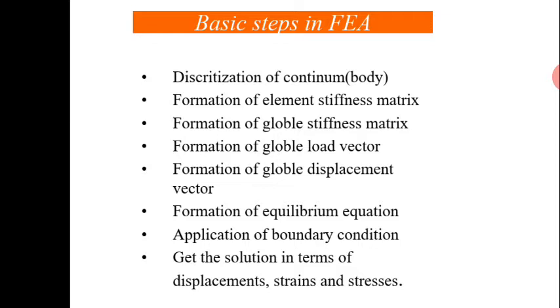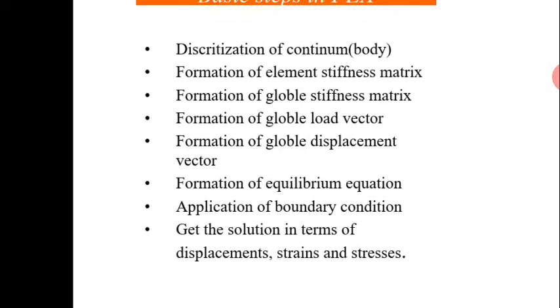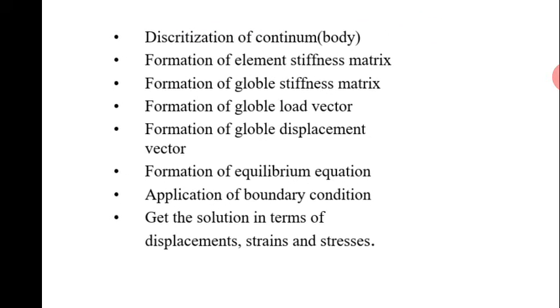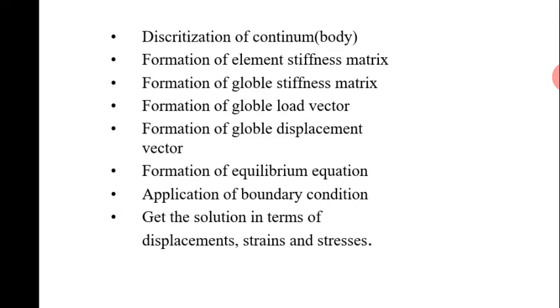Formation of the element stiffness matrix is the second step, which gives the stiffness matrix for one element, and then the global stiffness matrix.